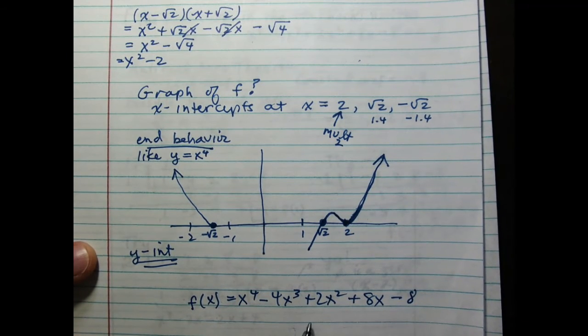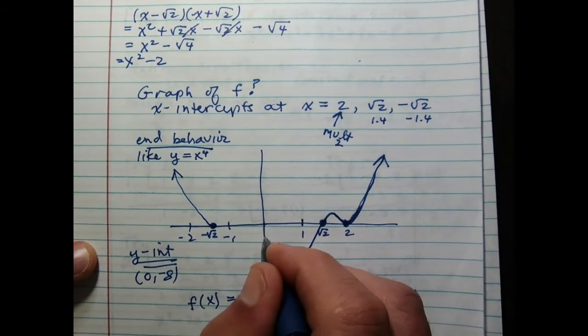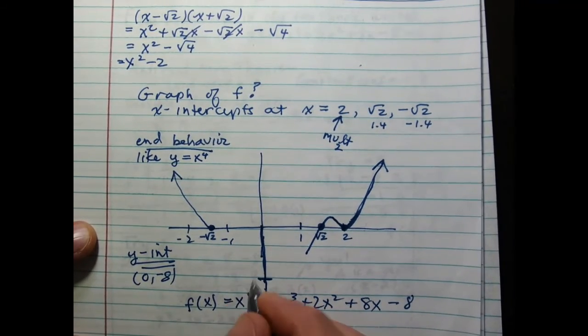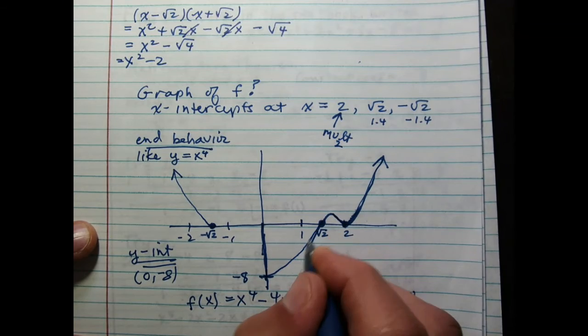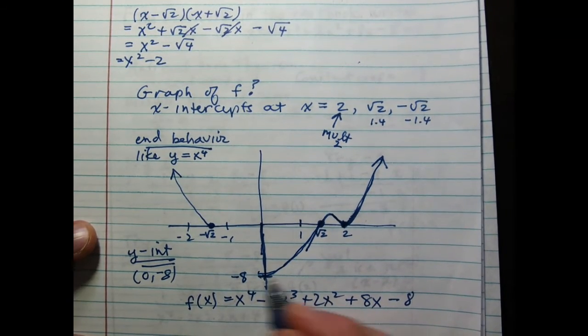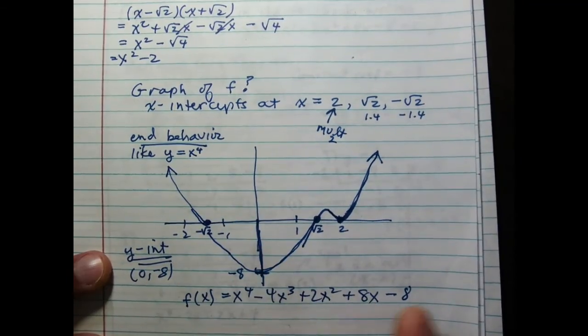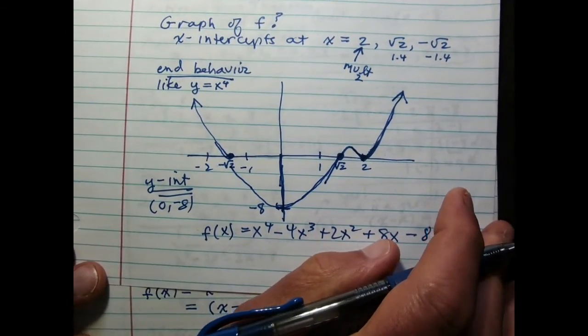So there's our original function. And if I plug in 0 for x, I get 0, negative 8. I get negative 8 for y. Now I'm not going to draw this to scale. I'm just going to say that's the same scale. That's negative 8. So we know the graph has to come down to here. And then we know we got to go back up to that other 0 at square root of 2.